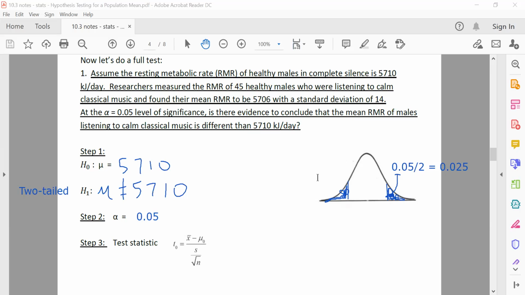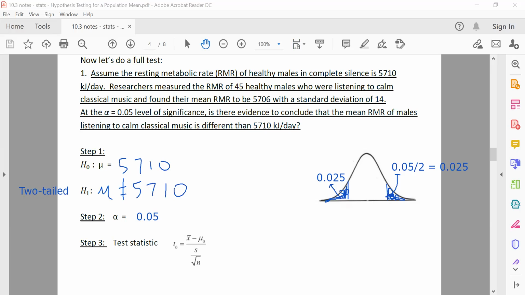So 0.025 is up there, 0.025 is down there in the tail. We're going to go to our T-chart. There's a sample size of 45, so we're going to look at 44 degrees of freedom.